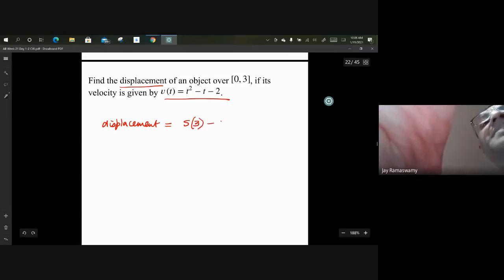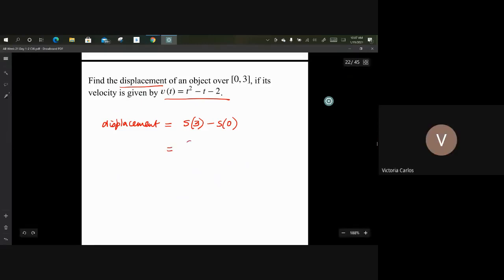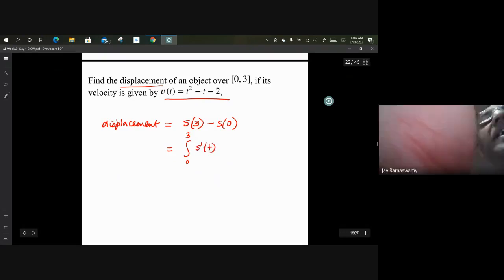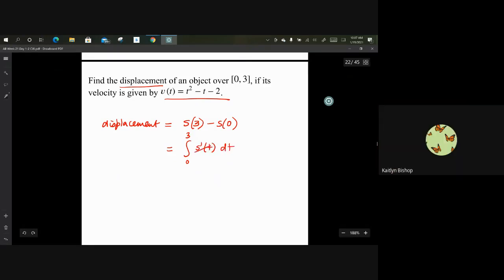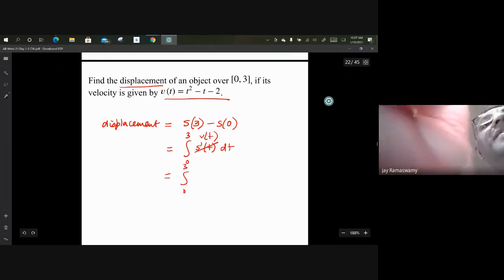Okay, S of 3 minus S of 0. Do we have a mismatch? Yes. So, next step: integral 0 to 3 of S prime of t. And what's S prime after all? V of t. Okay, so integral from 0 to 3, V of t. Guys, but I encourage you to memorize that integral directly, yeah?